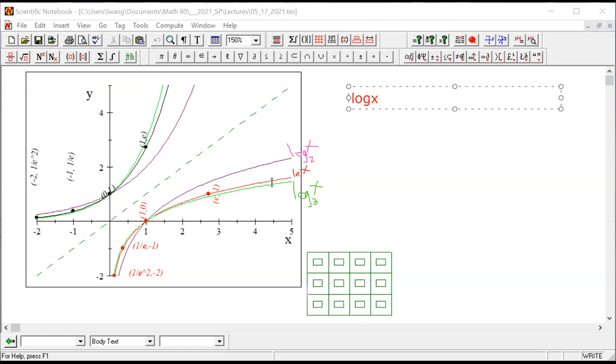Is it going to be above all of them, or below all of them? Base 10. This is base 2, base e, base 3. So where will log 10 be? Is it going to be over here, that way, or is it going to be over there, like that?